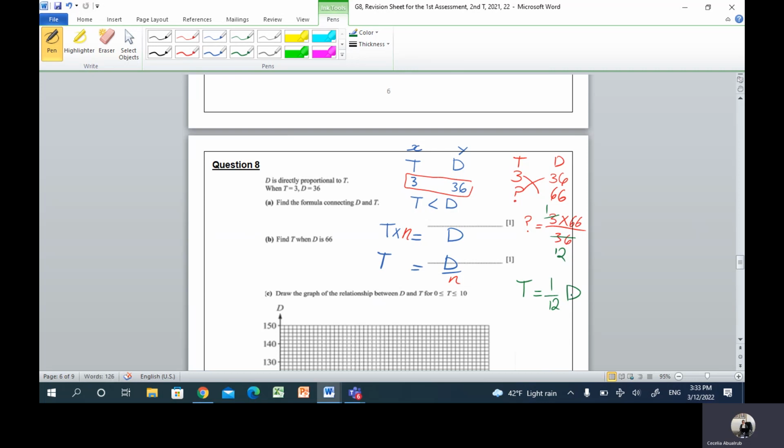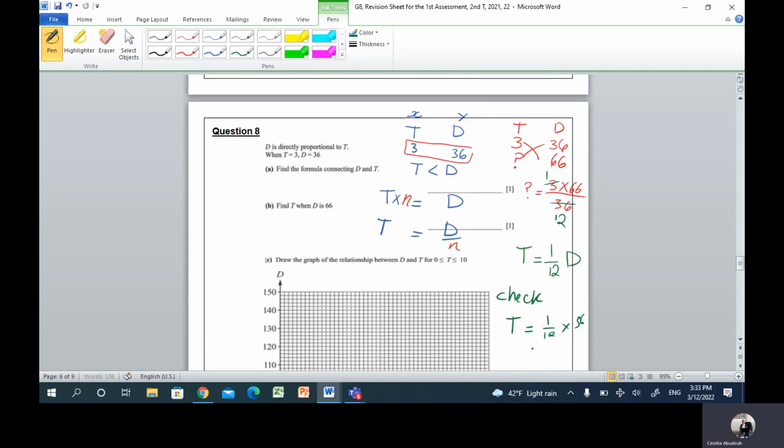How do you check on this? You say, what is T if D is equal to 36? 1 over 12 times 36, which is equal to 36 over 12. And if you divide 36 by 12, the answer will be 3, and that's what we need.